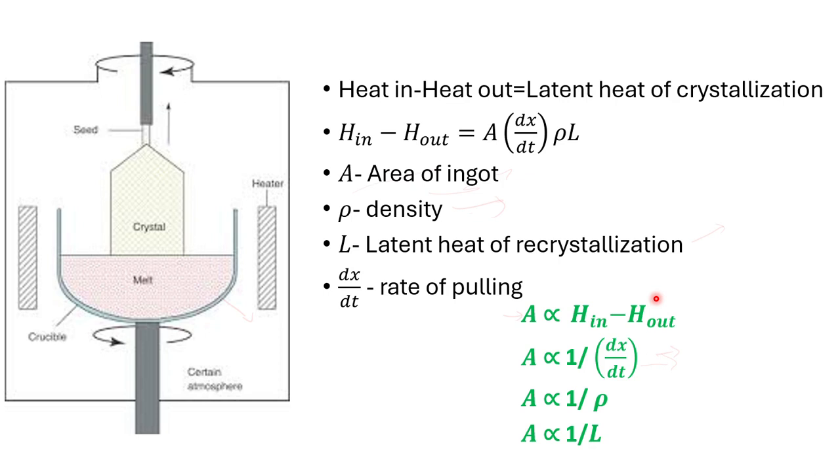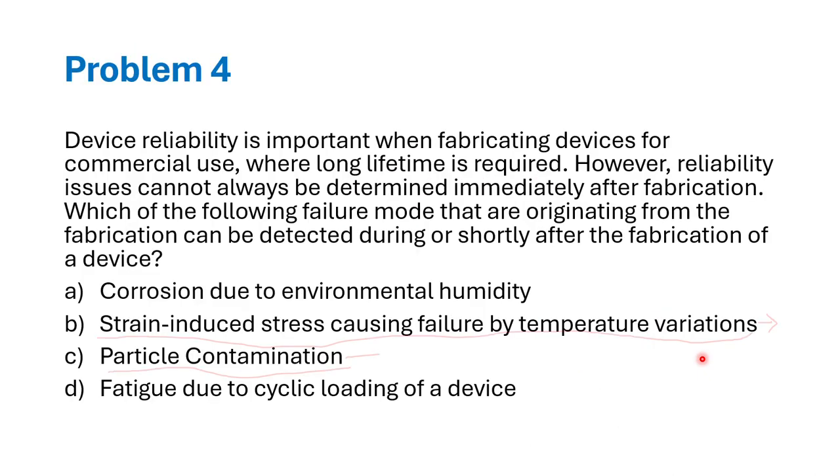We cannot pull too fast. It is inversely proportional to the rate of pulling, right? So if we pull too fast, then we'll get very small diameter wafers. If we pull too slow, then we'll get very large wafers.